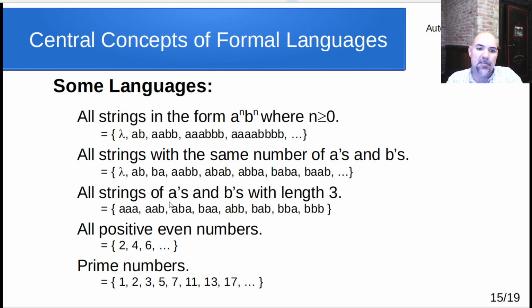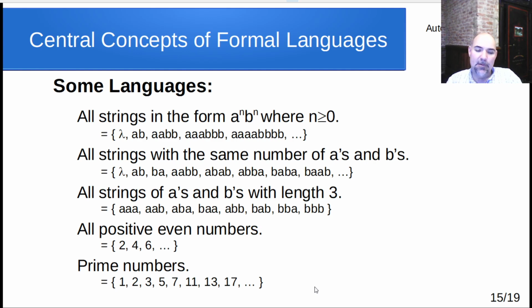So all strings of a's and b's with length exactly 3. Well, here they are. Notice this one's finite. The other two were infinite. All positive even numbers, 2, 4, 6, 8, and so forth, can be considered a language. Prime numbers, 2, 3, 5, 7, 11, 13, 17, and so forth, could be considered a language.